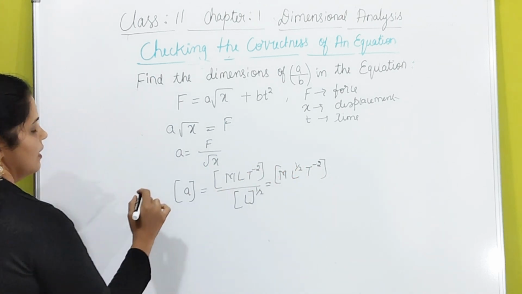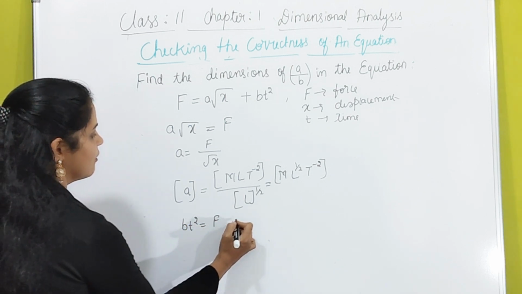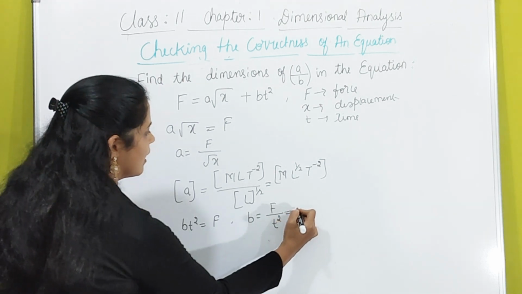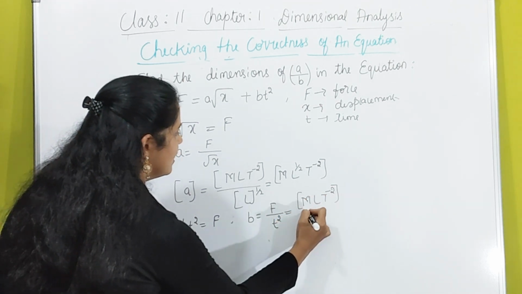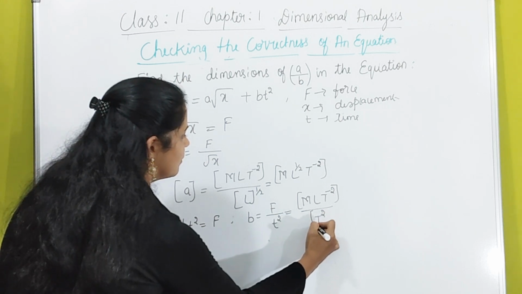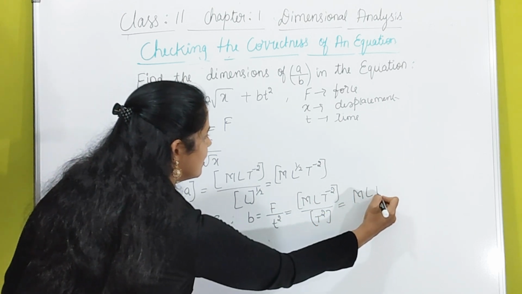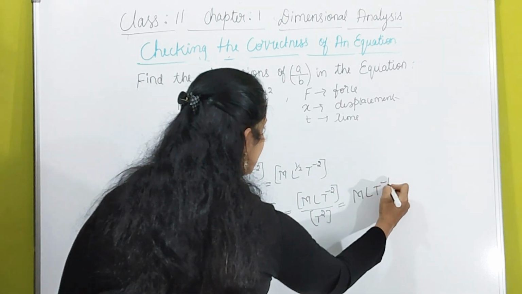Similarly, B T square should be equal to F. Therefore, B is equal to F by T square. Write the dimensional formula of F divided by T to the power 2. Together, we can write M, L, T to the power minus 2 becomes minus 4.